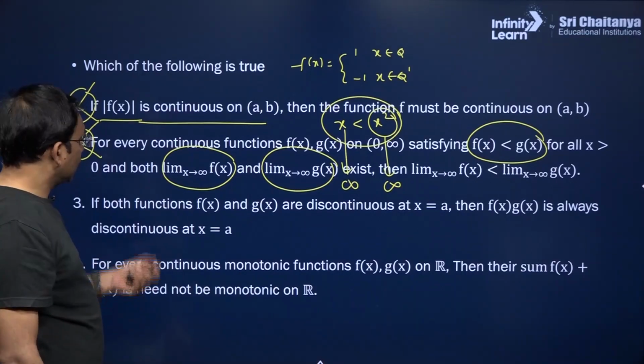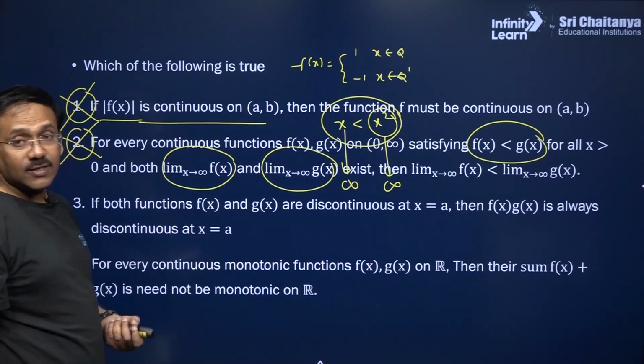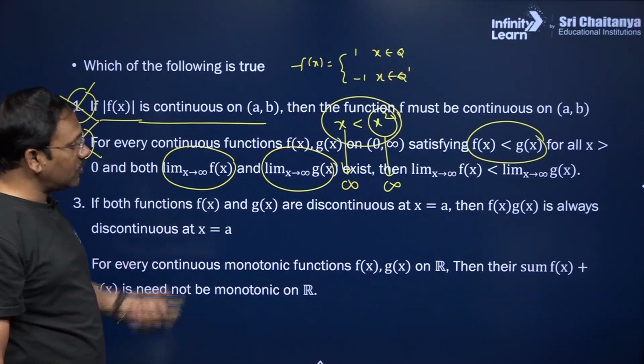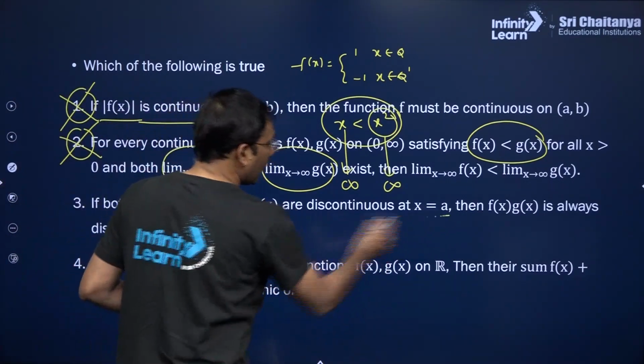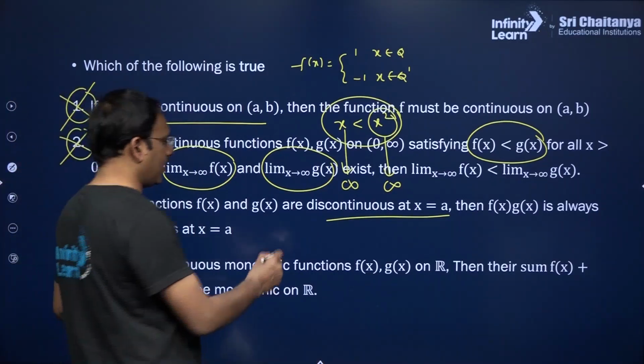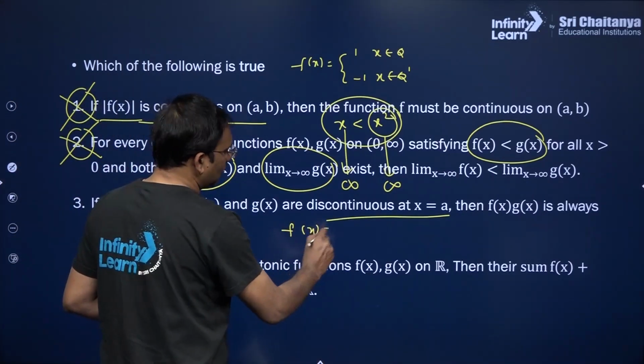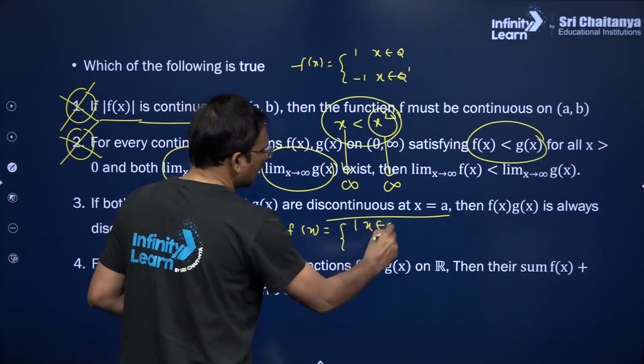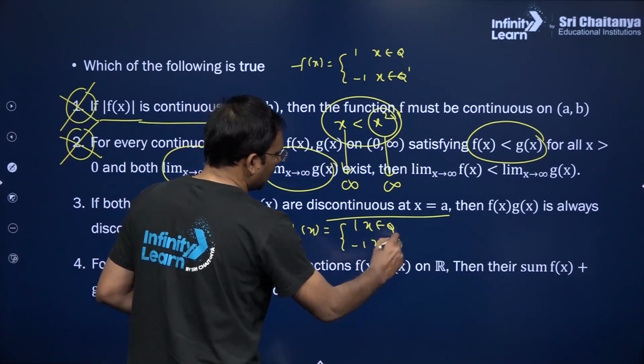Next, third one, both the functions f of x and g of x are discontinuous at x is equal to a. So, f of x into g of x is always discontinuous. Needn't be, my dear friends. Suppose f of x you take like 1 if x is rational, minus 1 if x is irrational.